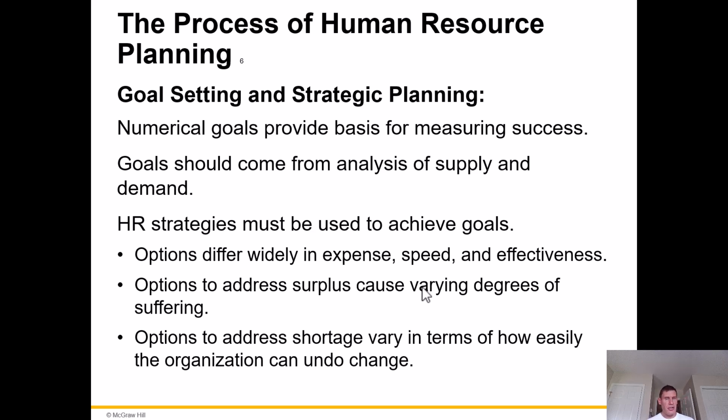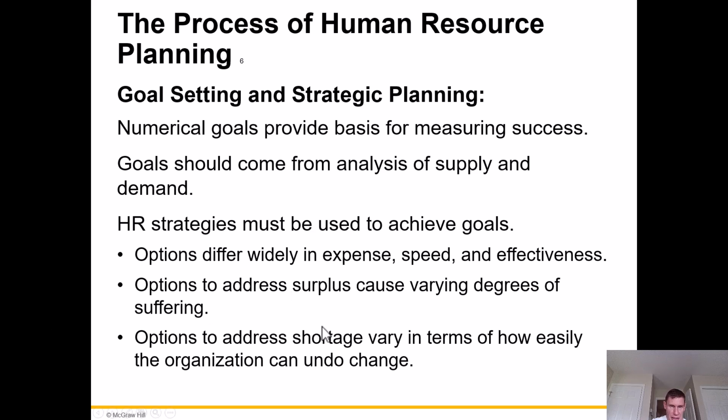So human resources strategies must be used to achieve goals. Now, the options differ widely in expense, speed, and effectiveness. The options to address surplus could cause varying degrees of suffering, obviously, and the options to address the shortage vary in terms of how easily the organization may be able to undo any changes that they make. Smaller companies are typically more lean, more agile, easier to undo things.